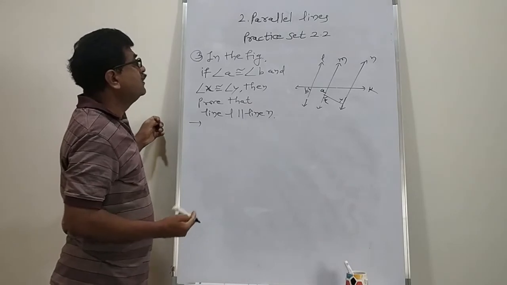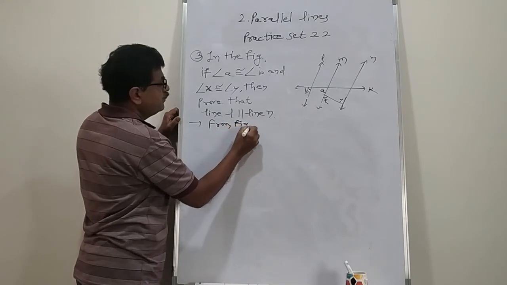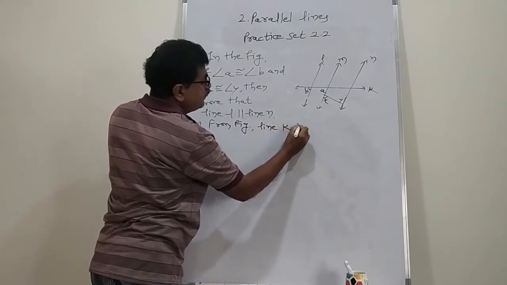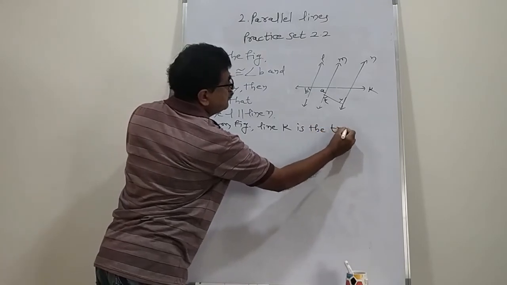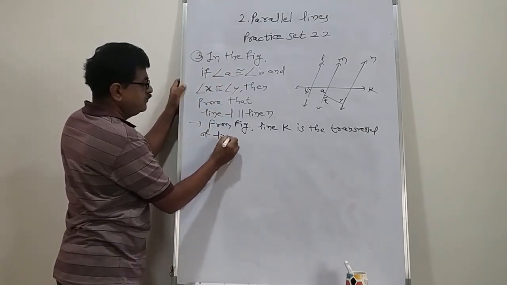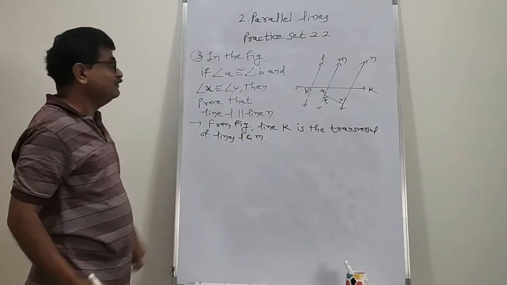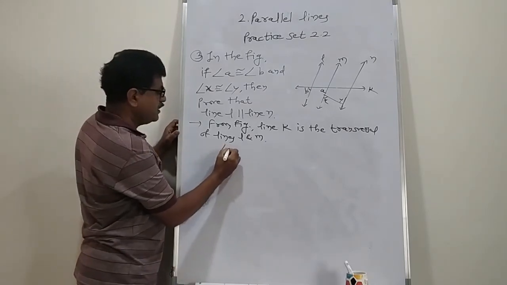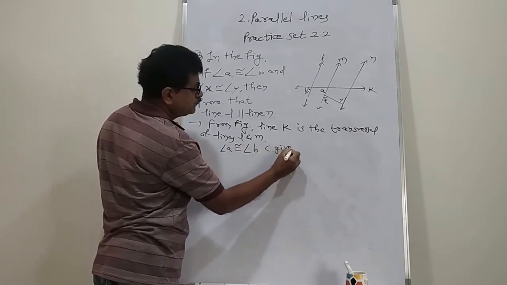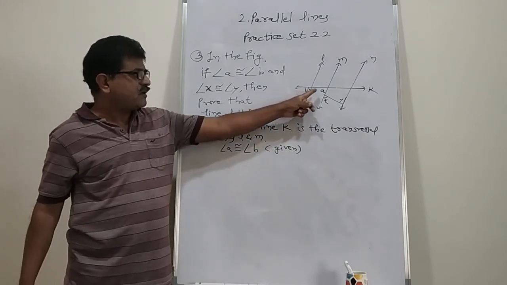Write down. From the figure, line K is the transversal of lines L and M. And angle A congruent to angle B is given.